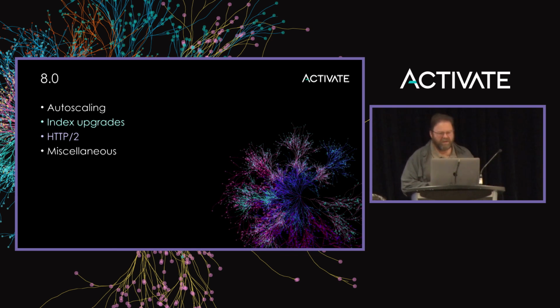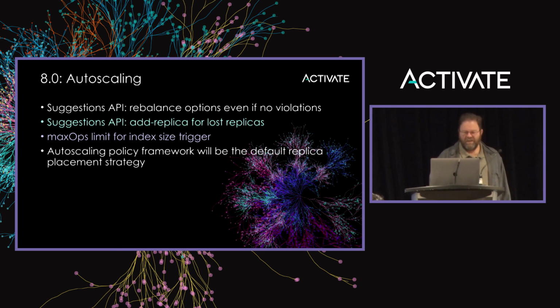Next, we'll talk a little bit about 8.0. Autoscaling in 8.0, the suggestions API has a couple of new capabilities. First, options to rebalance are suggested even if there are no violations.